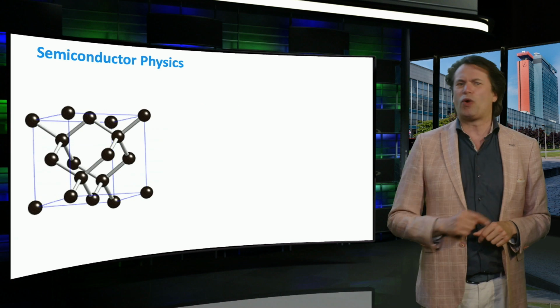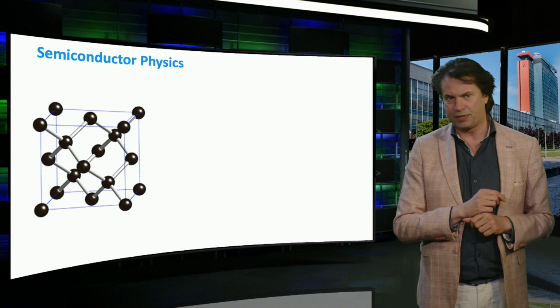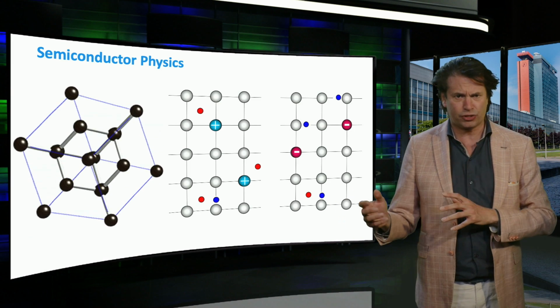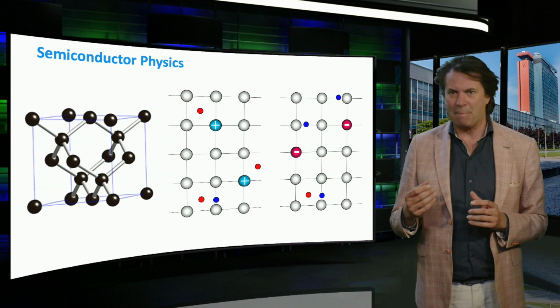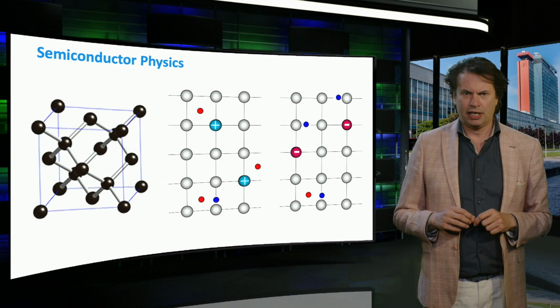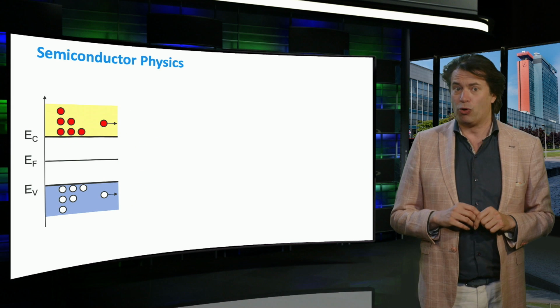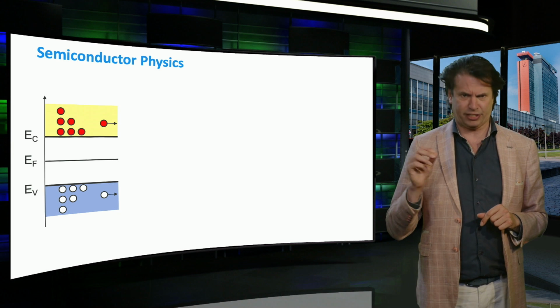We will answer questions regarding the atomic structure of a semiconductor material and the existence of mobile charge carriers, electrons and holes, and how their concentration can be manipulated by doping. It is important to know the concentration of electrons and holes in a solar cell because they are the carriers of electricity.